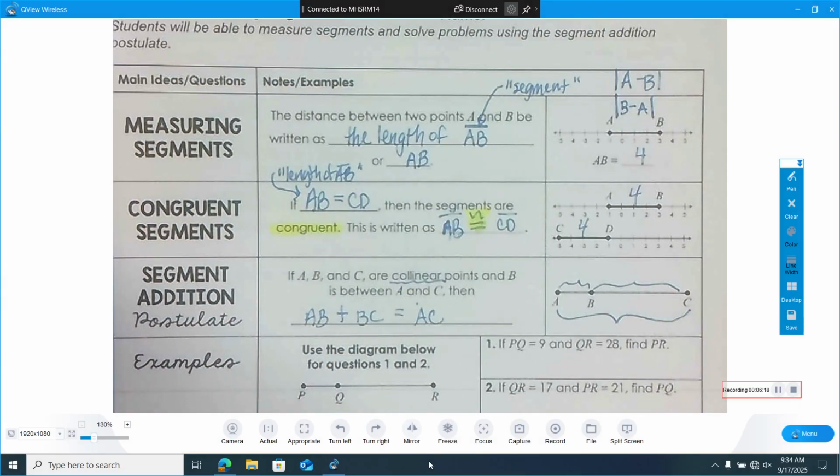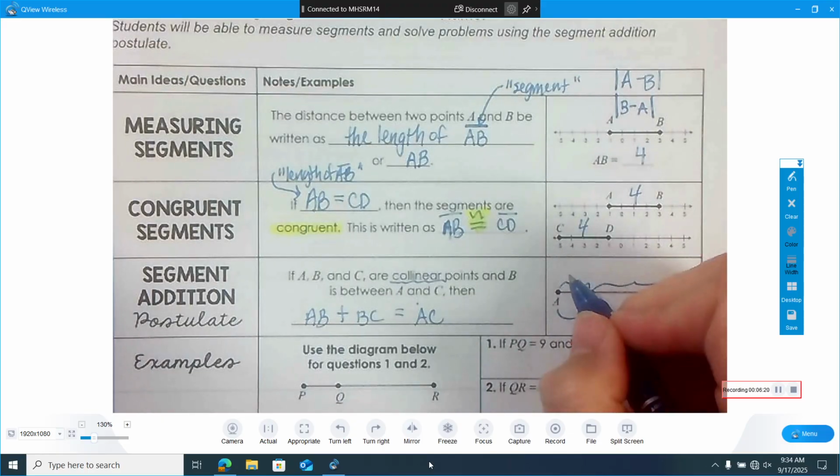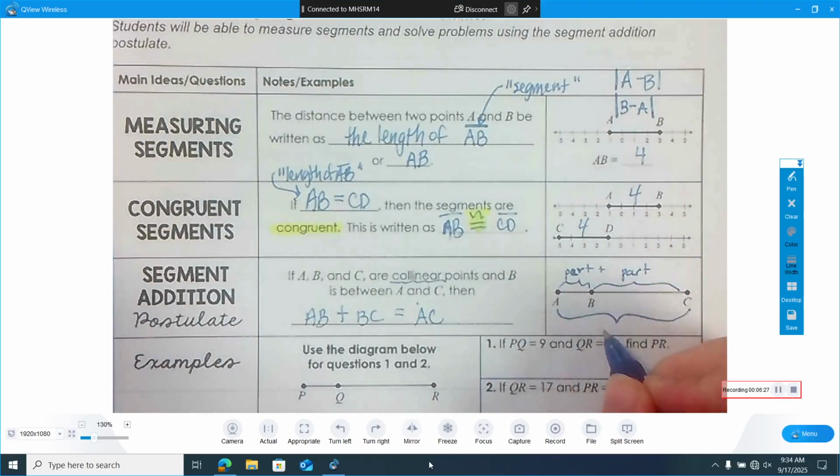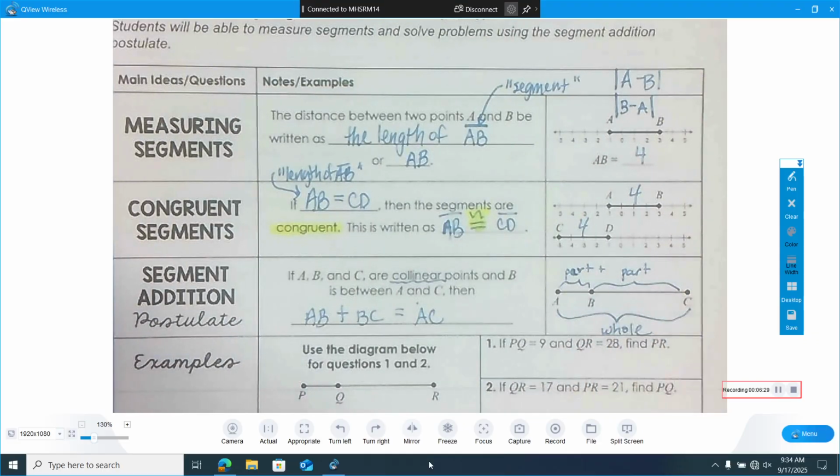Also known as part plus part equals whole. Hey, look at that, we're back to kindergarten. Little piece plus little piece has to equal the big thing. Does that make sense? Okay, good. This is called the segment addition postulate. Part plus part equals whole.